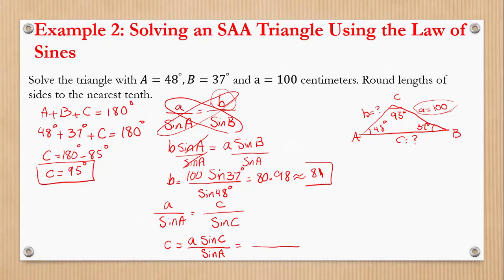A is 100, angle C is 95 degrees, angle A is 48 degrees. By typing this in the calculator, I get 134.05, which is rounded to 134.1.